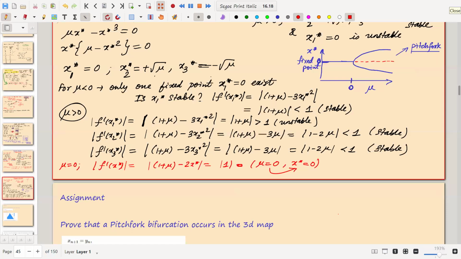So all three fixed points converge there at mu equal to 0. All three fixed points appear here at 0, at one point. Therefore the derivative is 1, and a bifurcation happens. Agree?